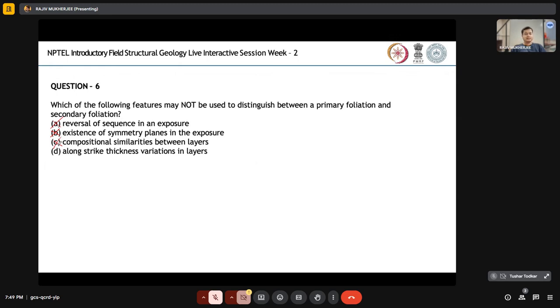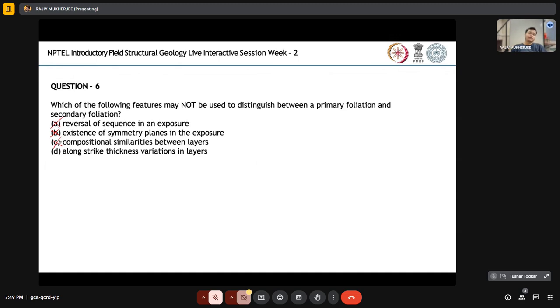These variations are natural because they follow different sedimentation rates at different time periods, and obviously there can be a variation not only along the strike. If you are traversing through a section, you can see the pinching out of the sedimentary beds, right? And there can be disruption in the sedimentation process that can also give rise to varying thickness of the same bed in different exposures.